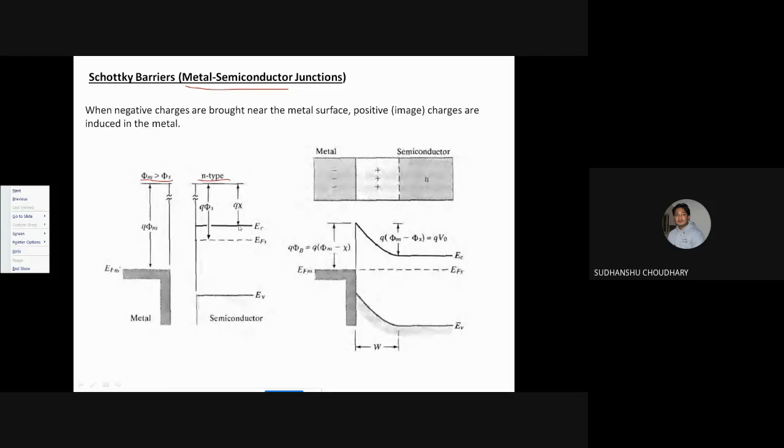Because of this, the electrons from the semiconductor will start diffusing into the metal side.